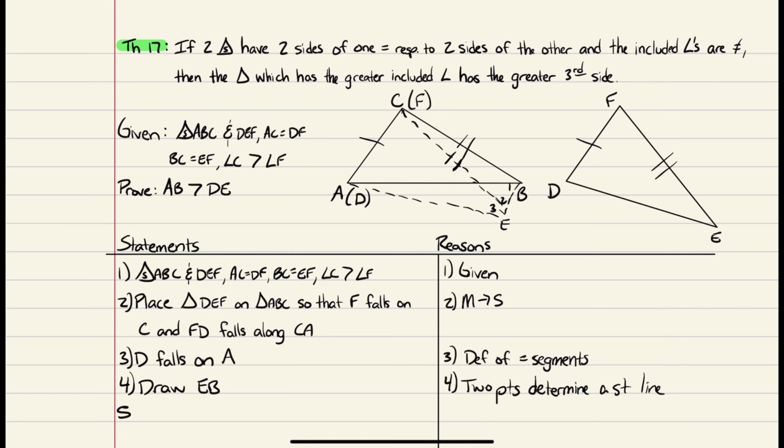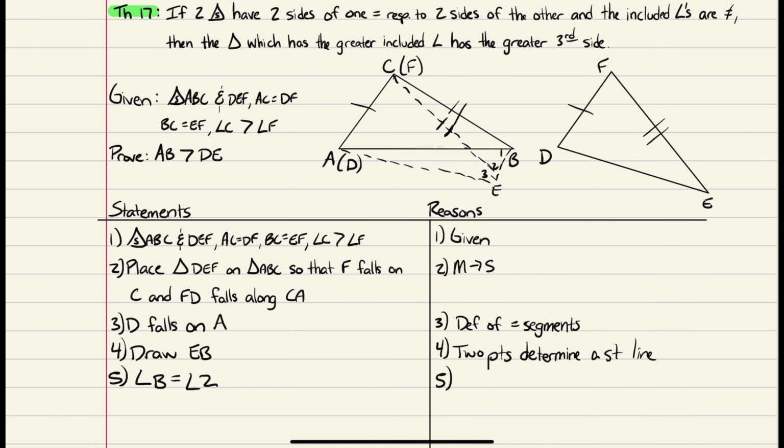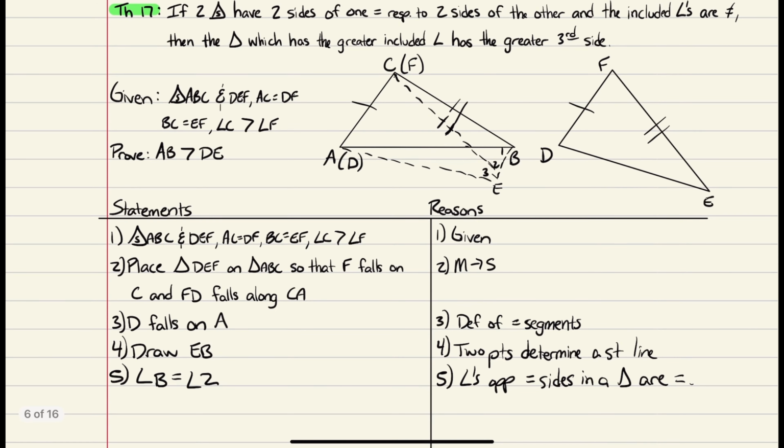So we can say in statement 5 that angle B equals angle 2, because angles that are opposite equal sides in a triangle are equal.